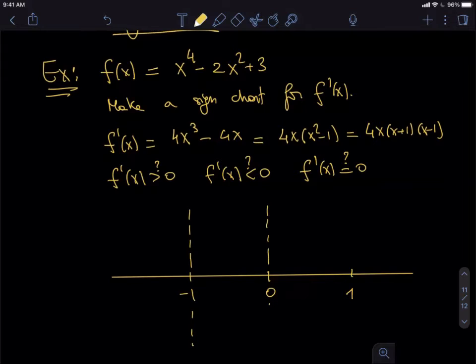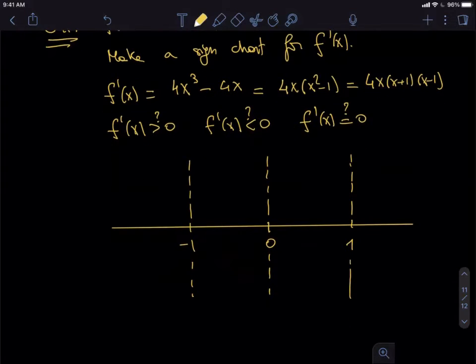And then what we are going to do is to check what is the sign of the derivative to either side of these values. So if I look at values that are less than -1, okay, how is x plus 1, and how is x minus 1?